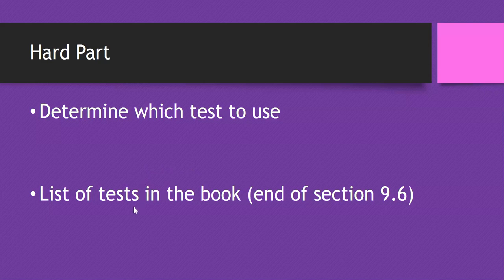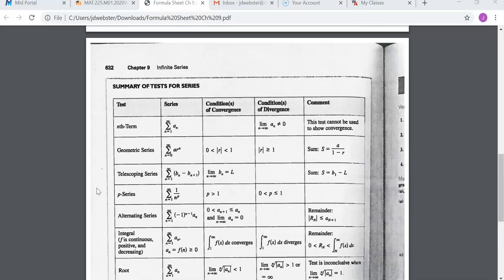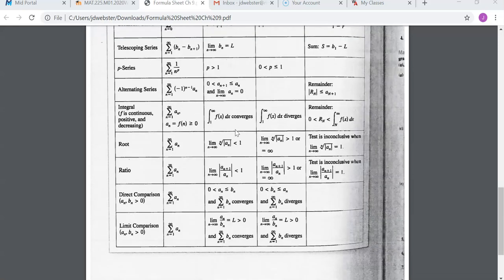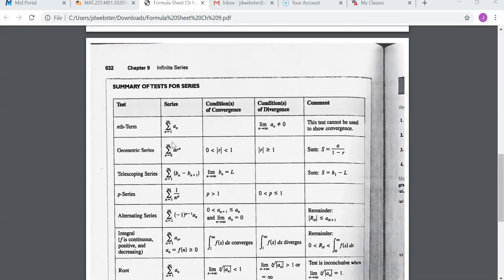There is a list of these tests in the book at the end of section 9.6. That table will be a part of the formula sheet for the Chapter 9 test. So it has a summary of all the different tests for the series.